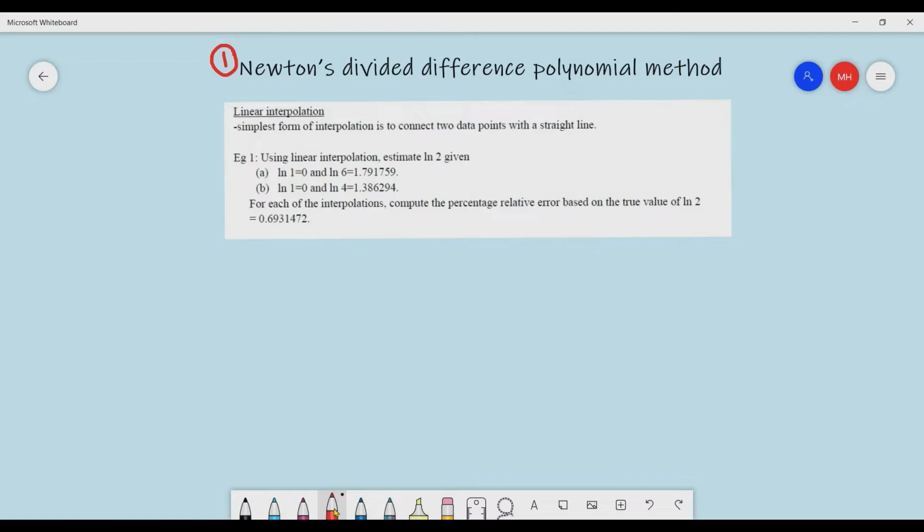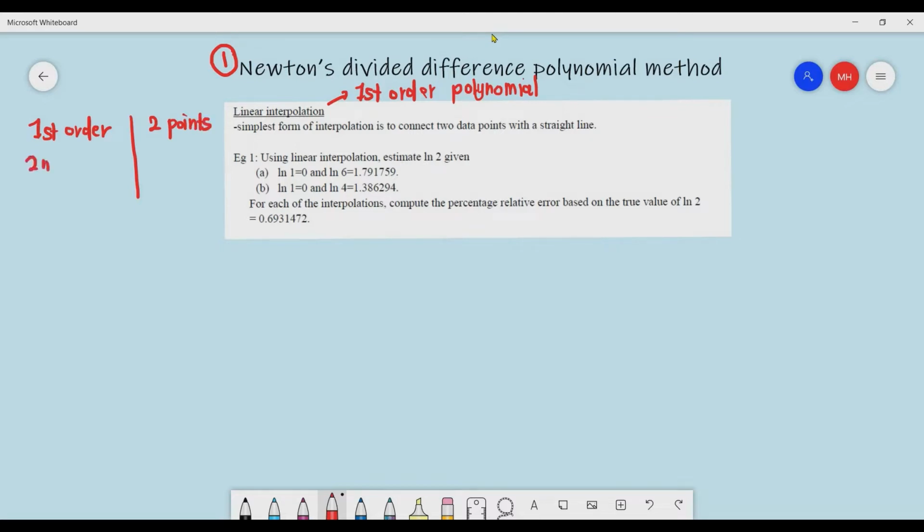When we talk about linear interpolation, it means that this is the first order polynomial function. You have to take note, for first order you need at least 2 points to get the interpolation function.